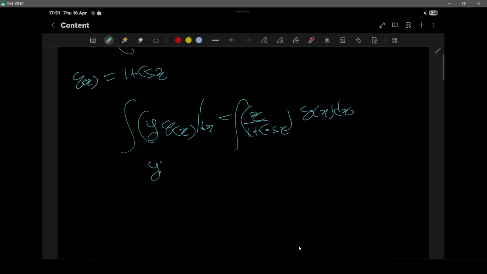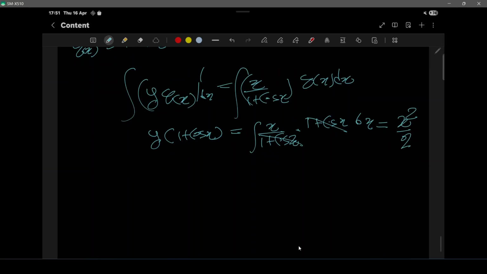So y times qx, meaning 1 plus cos x, is equal to the integration of x over 1 plus cos x times qx, meaning 1 plus cos x, dx. So these two terms cancel out. It is really easy. Integration of x is x squared over 2. So our final equation is y times 1 plus cos x equals x squared over 2 plus c. So this is the solution for our differential equation.